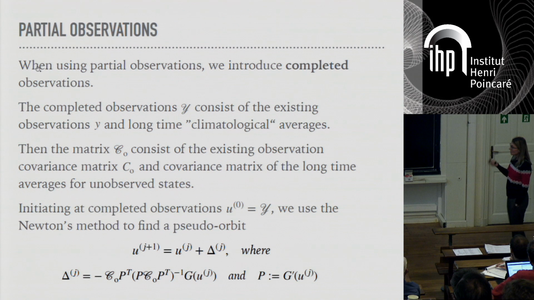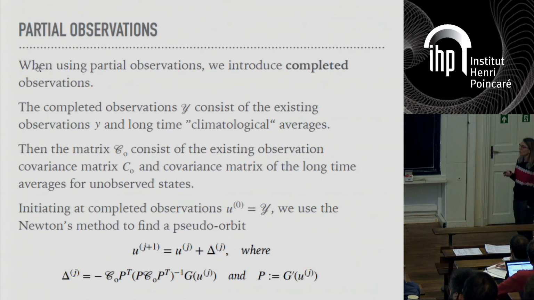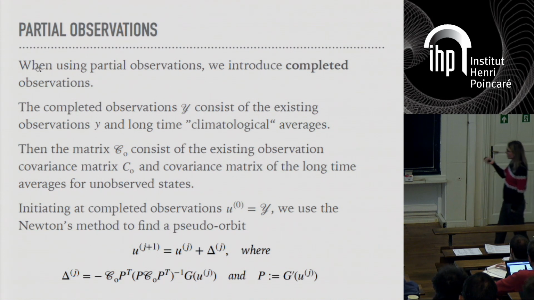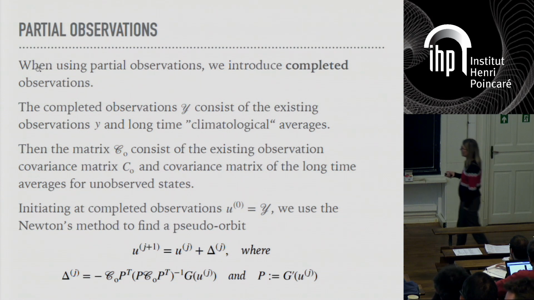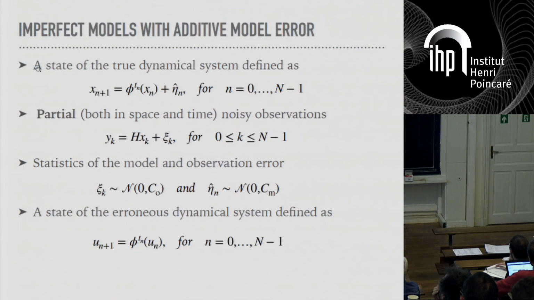Then we do the same kind of procedure. We initialize at the completed observation, so this curly y is observations and some initial guess. And then we use again the Newton method to find the pseudo-orbit. So it's the same, except now we have these curly C_Os. This is just to explain how we use partial observations.